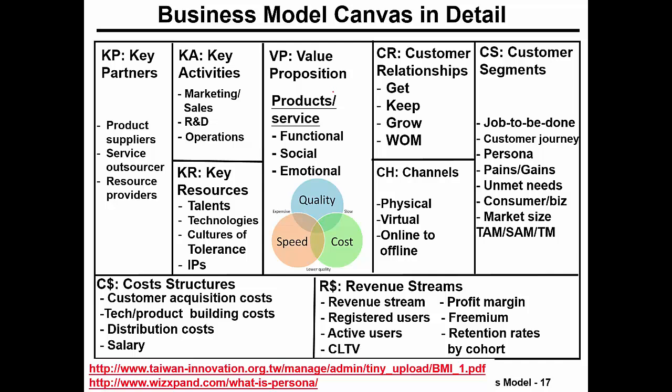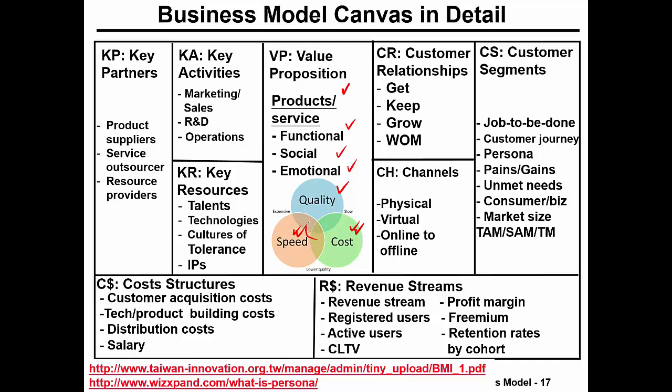The value proposition basically describes the product and service. You can describe the product and service from the functional, social, or emotional aspect. You may also want to emphasize the value proposition in terms of its quality, its cost, or its speed, whether you have the lowest cost, highest quality, or fastest speed in delivering the service or offering the product.